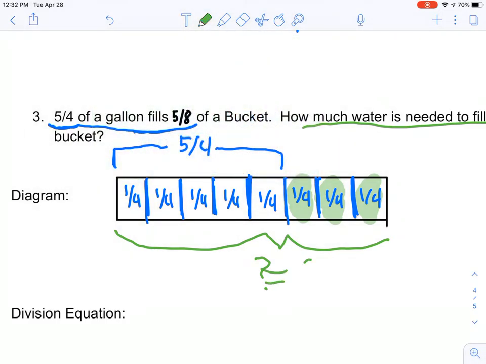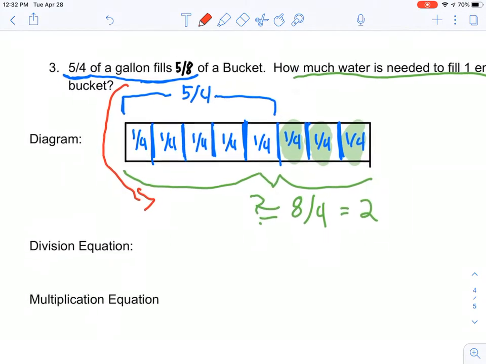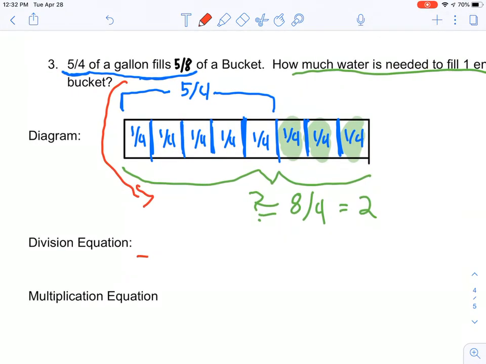Okay, so that equals 8/4, or we can simplify that into 2 because we know 4 goes into 8 2 times. Excellent. Okay, perfect. So let's go ahead and make our division equation top to bottom. That means that 5/4 divided by 5/8 equals 2.